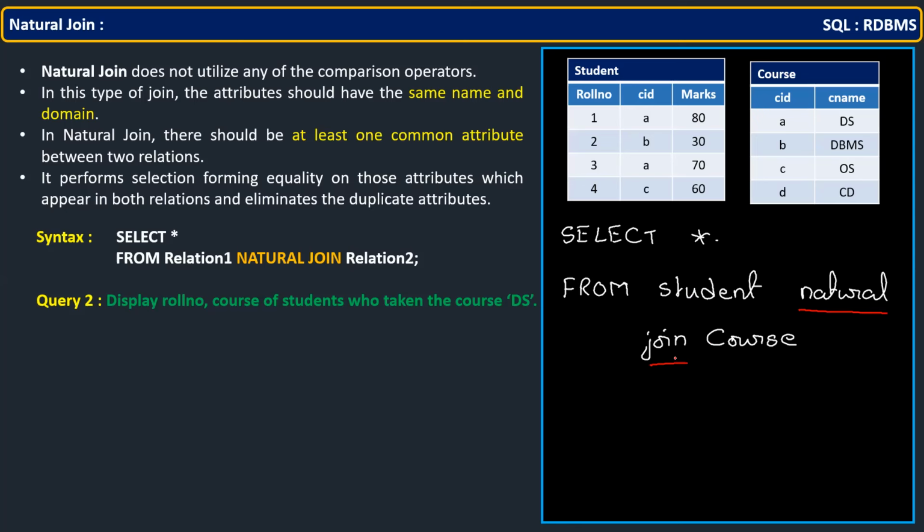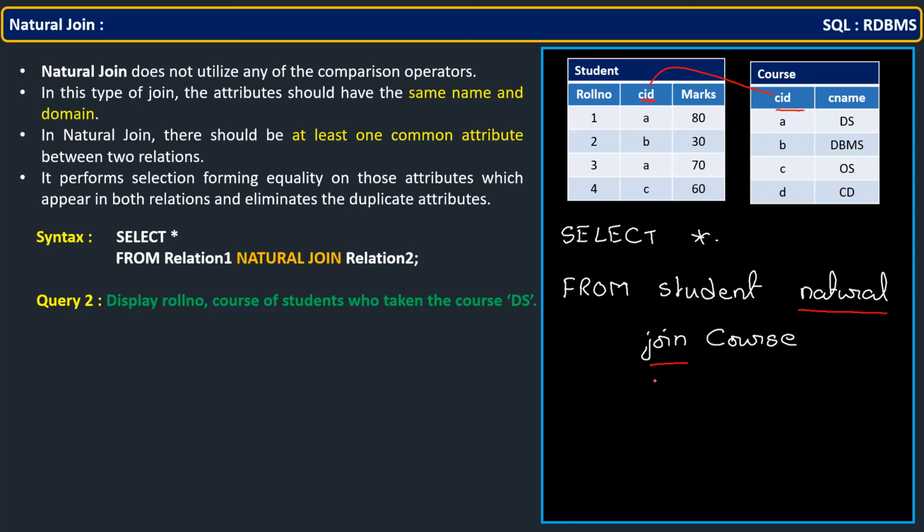When you mention natural join, the system internally takes the column names in the left table and the column names in the right table, and whichever columns have the same name, like cid, it will automatically put a condition internally. You need not write explicitly, for example, s.cid equal to c.cid.